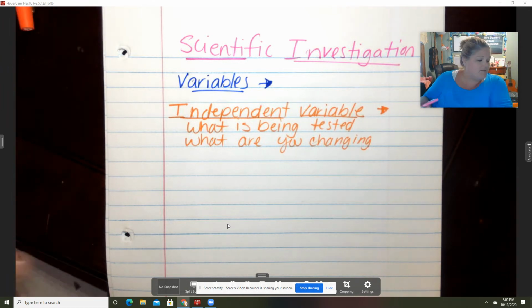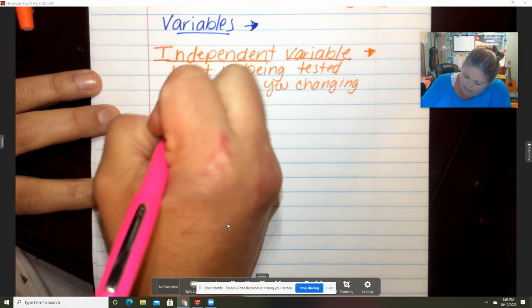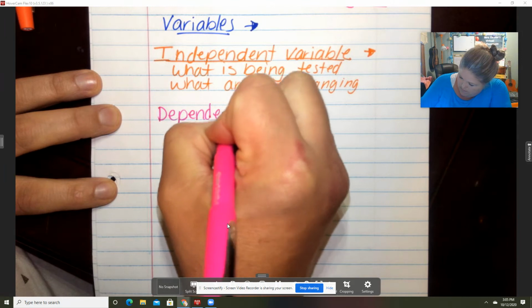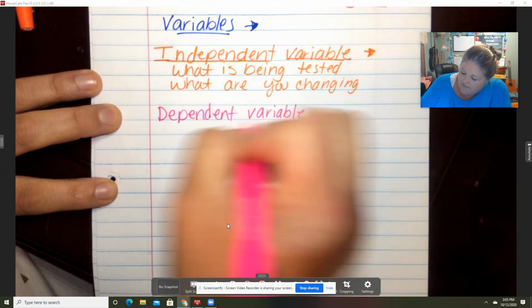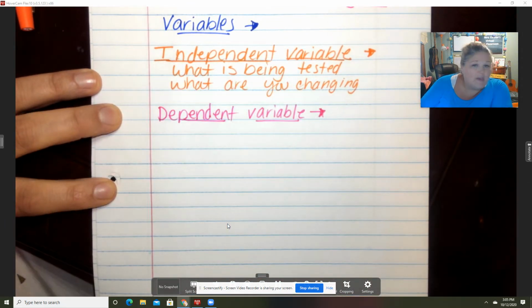All right. Also, there is something called a dependent variable. A dependent variable is the thing that you're measuring.